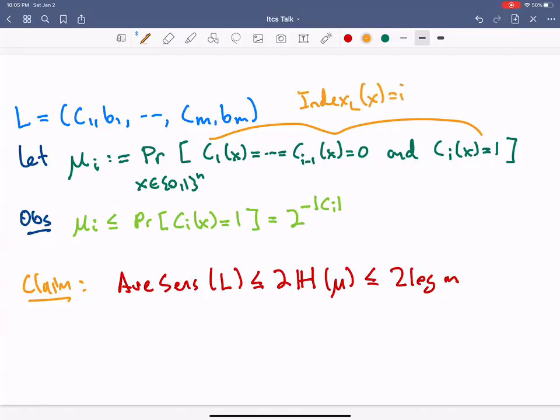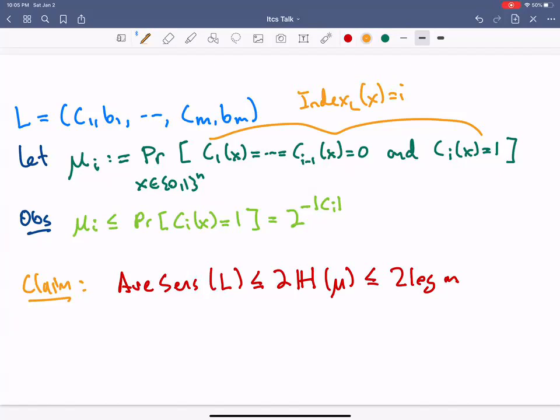Note that this is a distribution, it sums to 1, and each mu i is at most 2 to the minus the width of Ci, the number of literals in this clause.